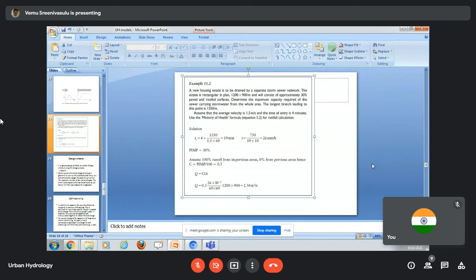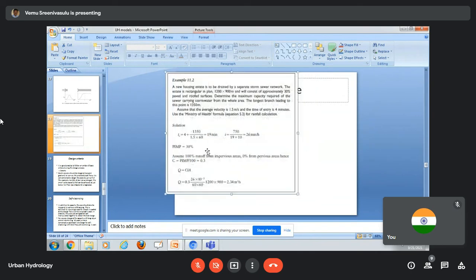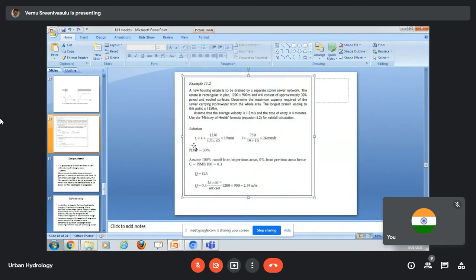Okay, so here the time of concentration can be calculated like this. Tc is equal to 4 plus 1350 divided by 1.5 into 60. Okay, that's 19 minutes.